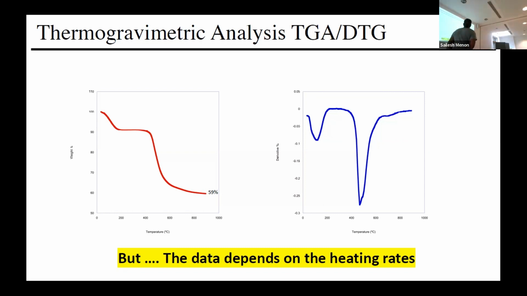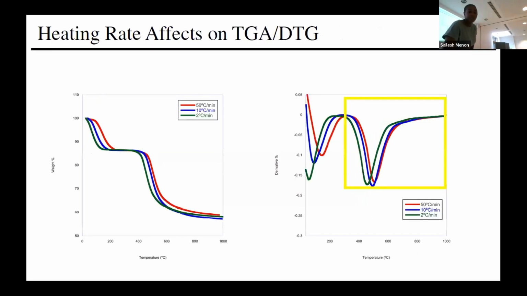For this, I will be varying my heating rates and using the variance in my heating rates to determine kinetic parameters. From your own data that you may have seen, whenever you vary the heating rate, you see shifts in your TGA or DTG curves.